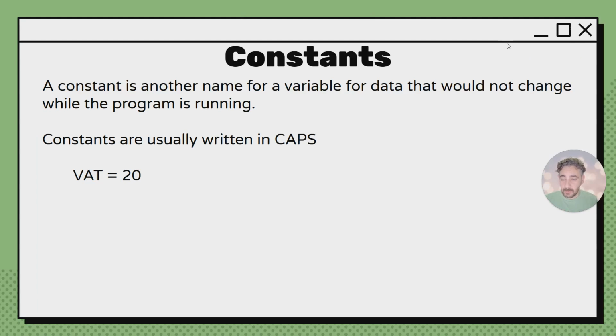Okay, so what we now want to look at is what's called a constant. A constant is another name for a variable, except that while the program is running, this value is not meant to change. For example, VAT.